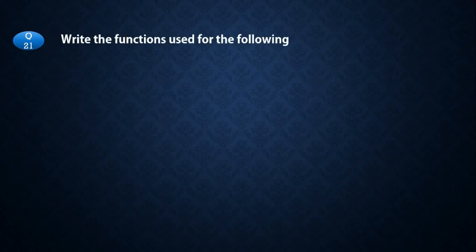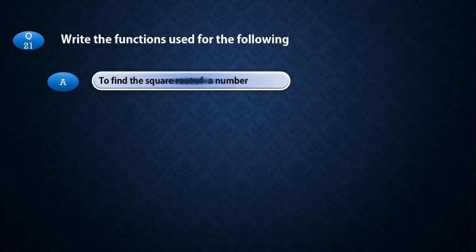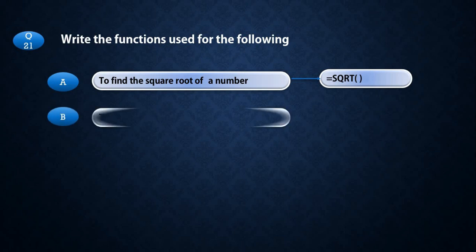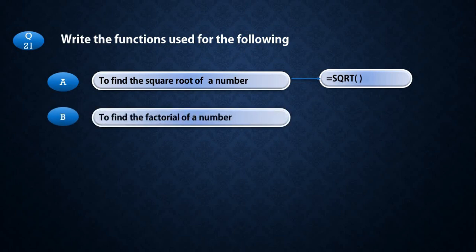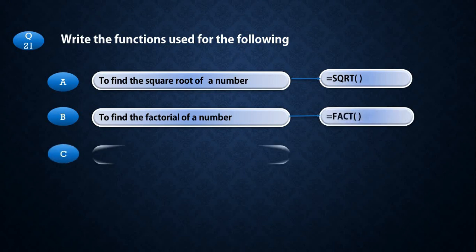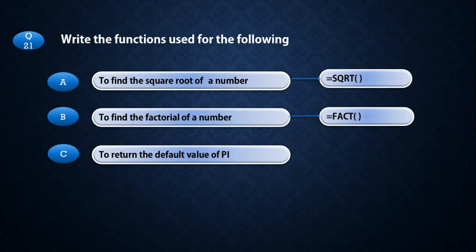So the answer for the next question, write the functions used for the following. To find the square root of a number, we use SQRT. To find the factorial of a number, we use FACT, FACT of a number. Then to return the default value of pi, we use the PI function.